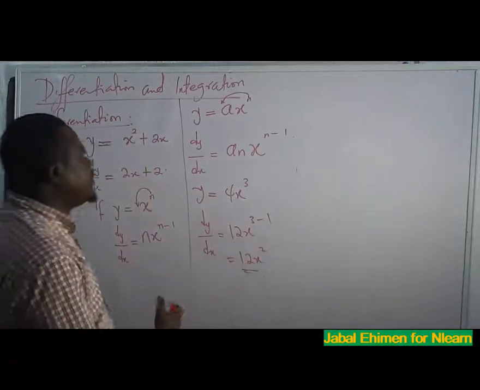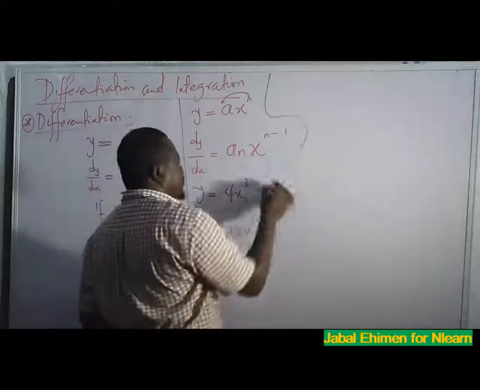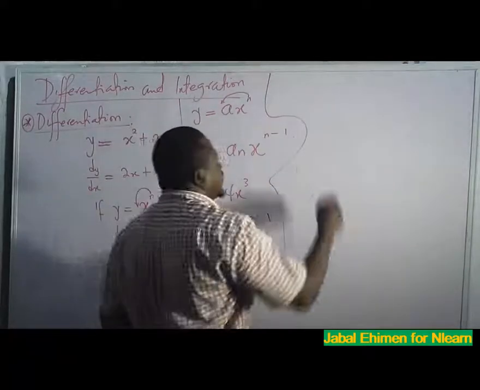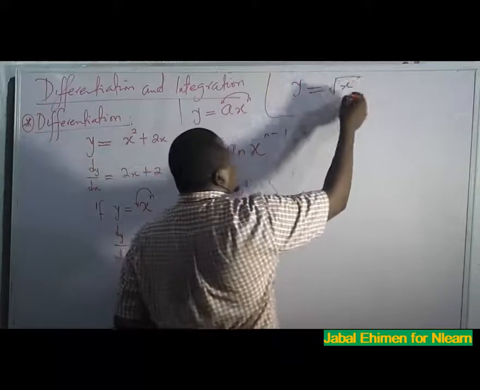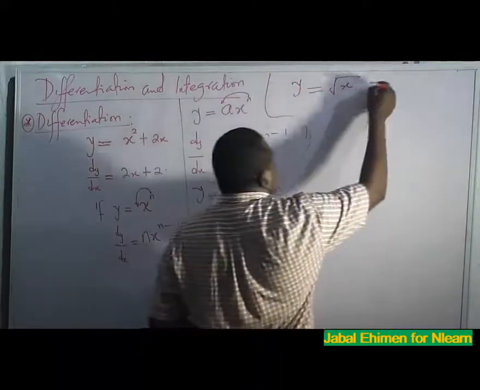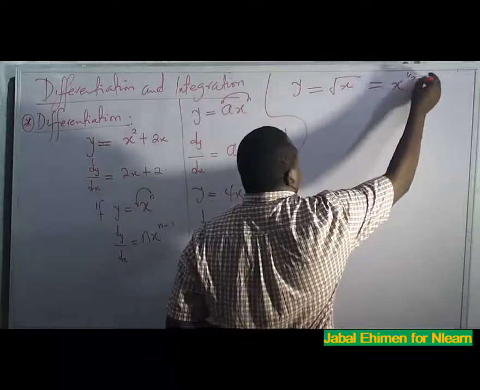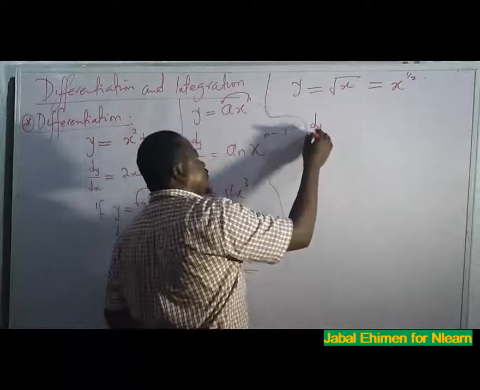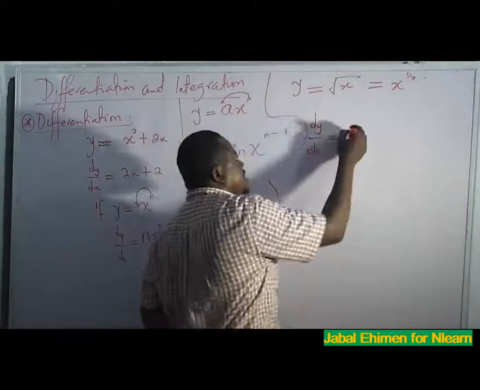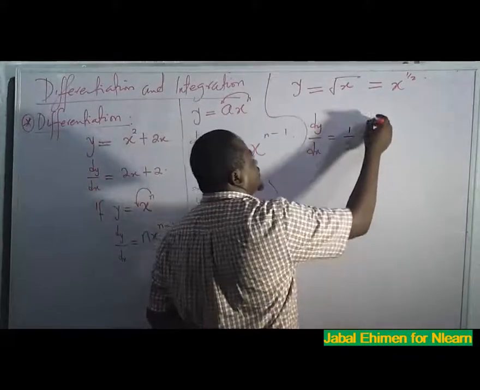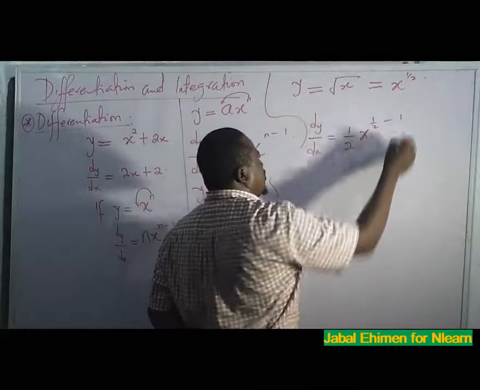Now, it's possible for me to have something like this. For example, I have y equal to root of x. I can rewrite this as x^(1/2). So dy over dx will give me half, multiplying 1 over 2 x^(1/2 - 1).